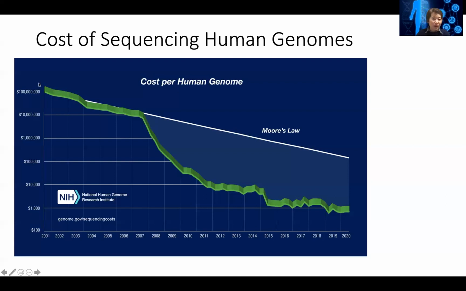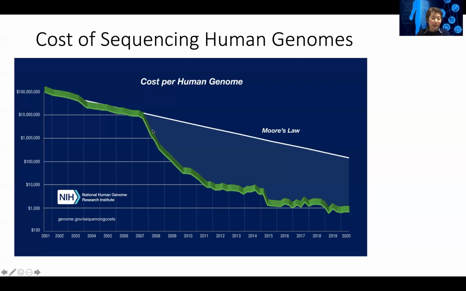Initially, with first generation sequencing, we were following Moore's law, but with high throughput sequencing, the price of sequencing a genome decreased really, really quickly.